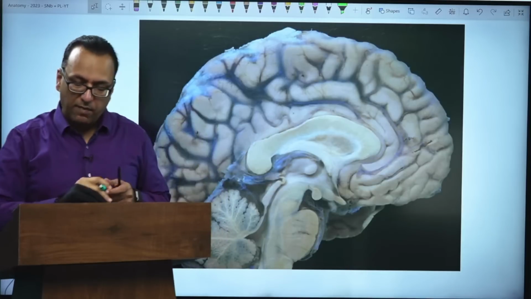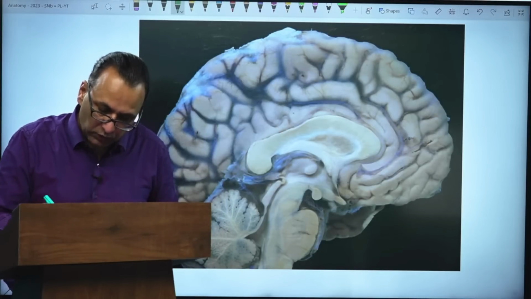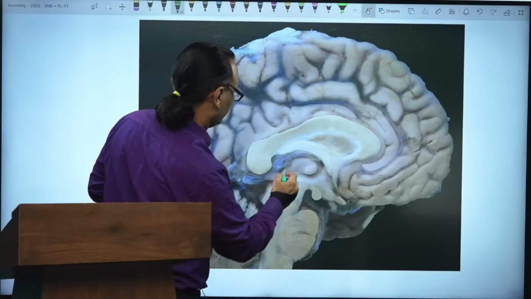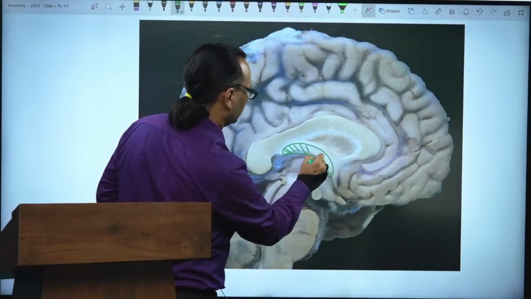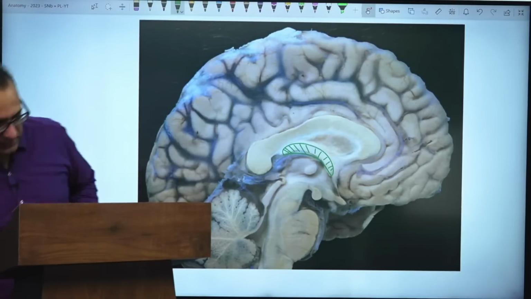I will be marking a structure and you identify what it is. What is this? Because again, in the exam, you are getting such questions.